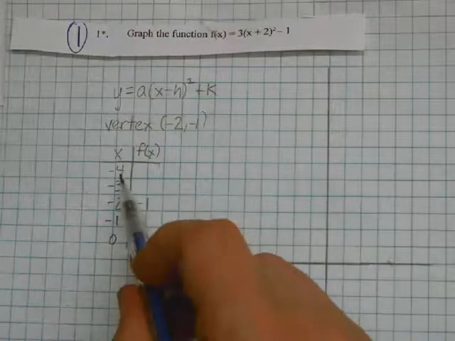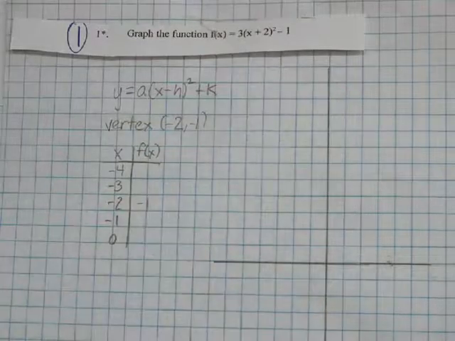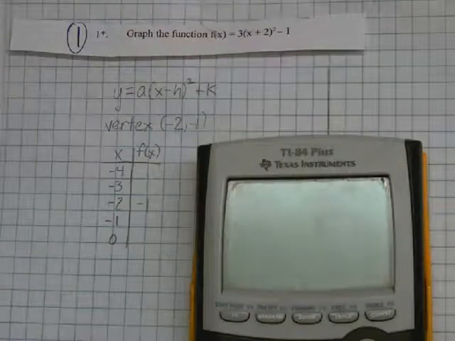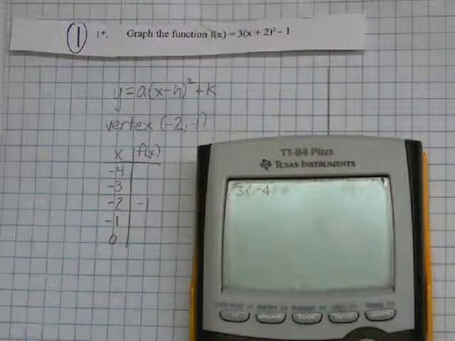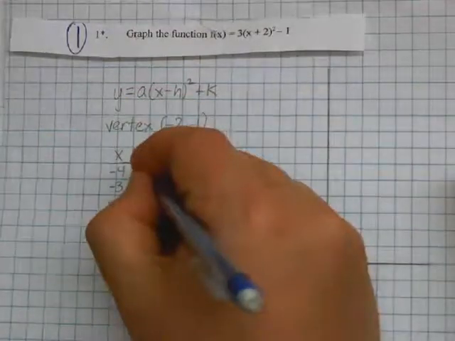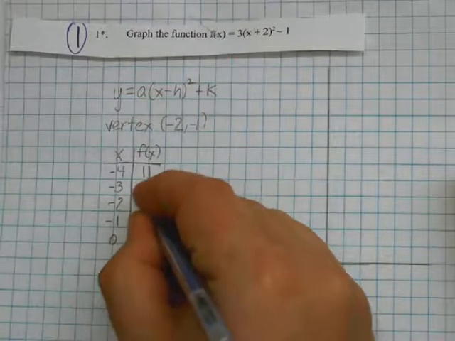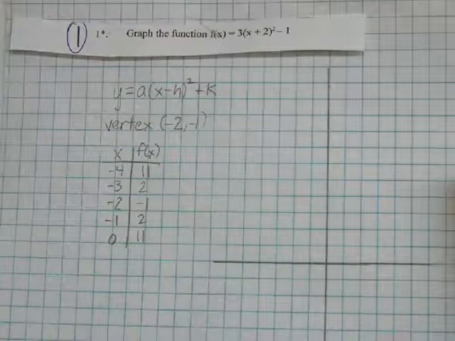So for negative 4, I'll plug negative 4 in for x and figure out f of x. And you see I get 11. Doing the same thing for the others, you'll get these 5 points on the table.